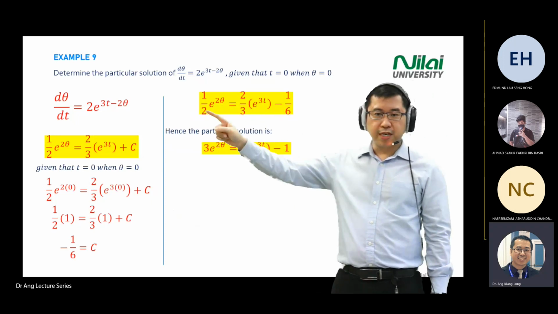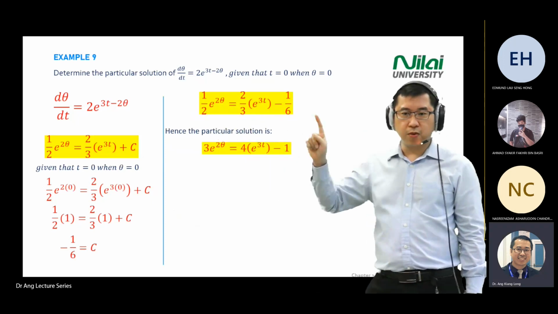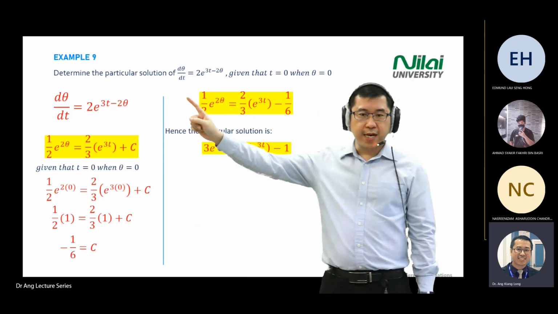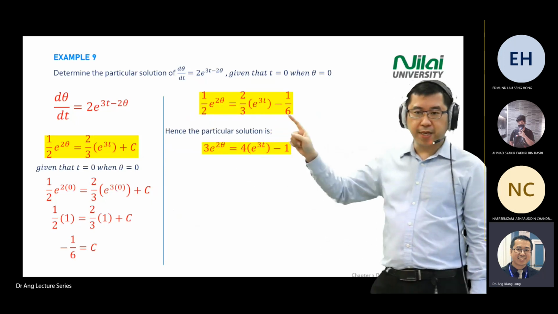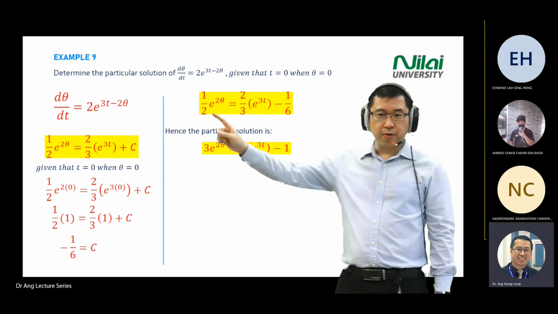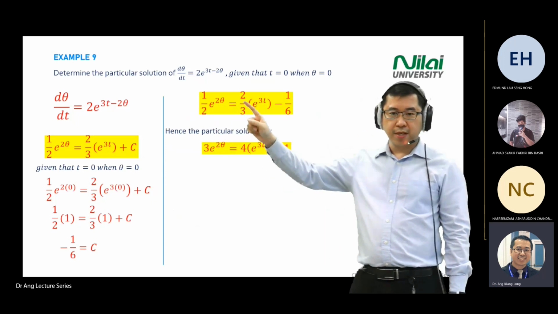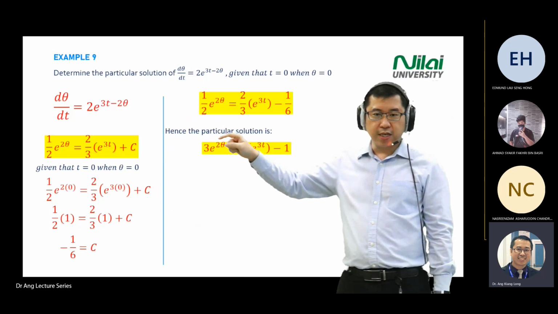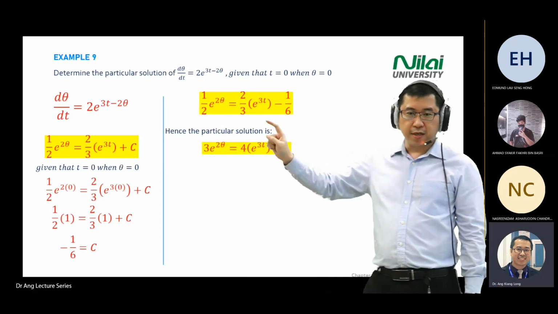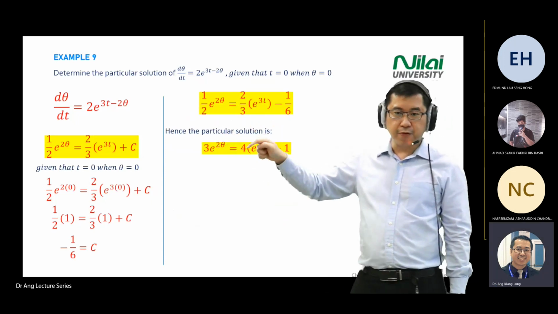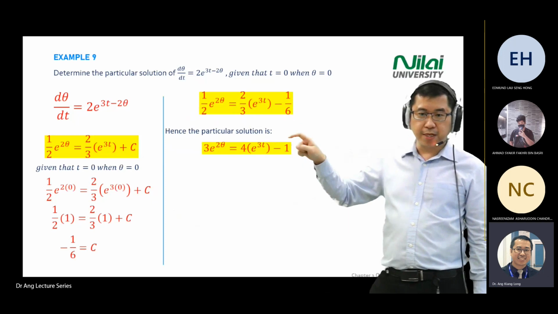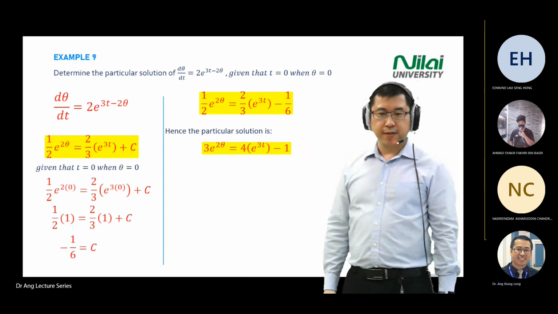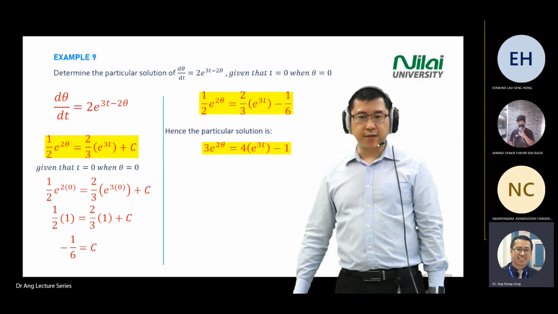Remove the fraction. How do you remove the fraction in this whole? You multiply both sides by the biggest denominator. You multiply this side by 6, multiply these two by 6, you get 3e something. This one multiplied by 6, you get 4. This one multiplied by 6, you get 1. Okay, so this is the final answer.